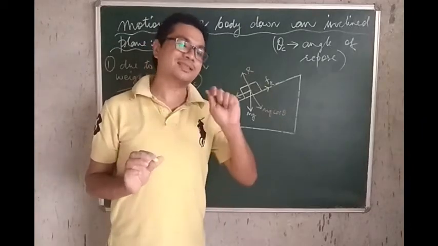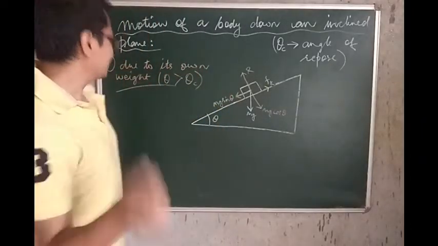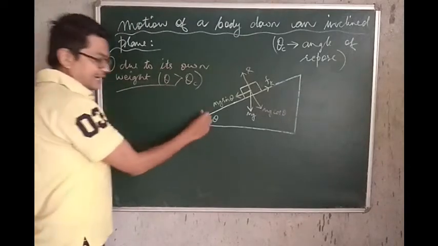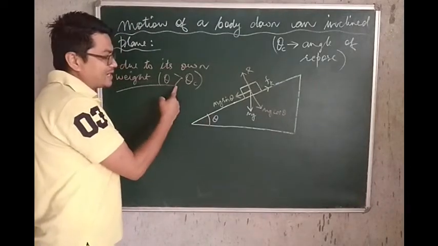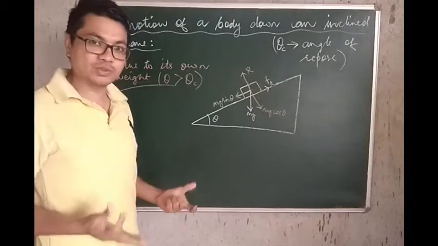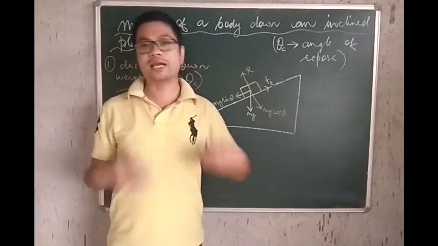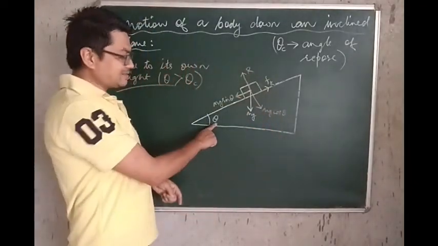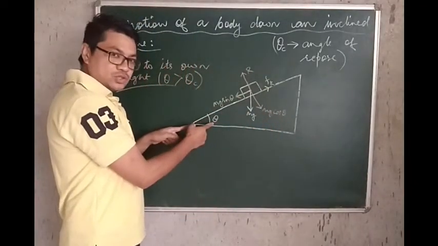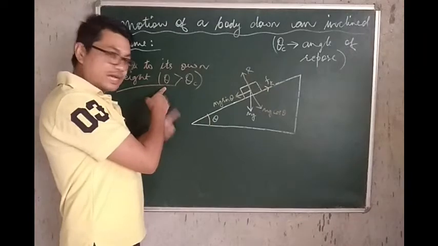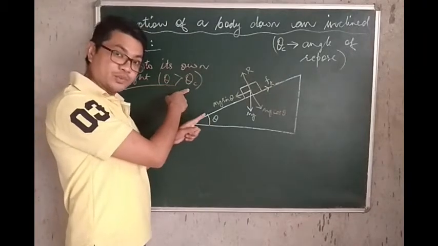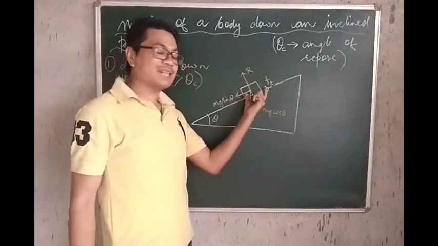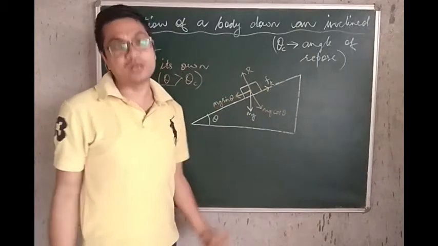Now our case is a slightly different one, because in this case the angle of inclination theta is greater than the angle of repose. Now at the angle of repose, I again repeat, the body is on the verge of sliding down. So when I slightly increase my angle of inclination theta and make it greater than the angle of repose, then what happens? The body starts sliding down, of course.